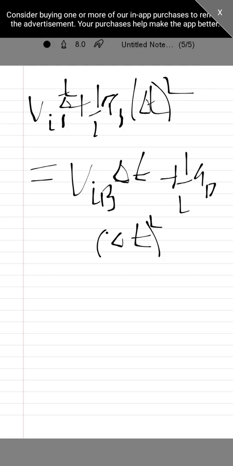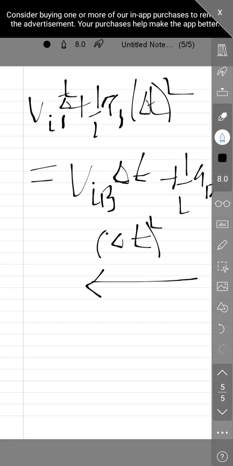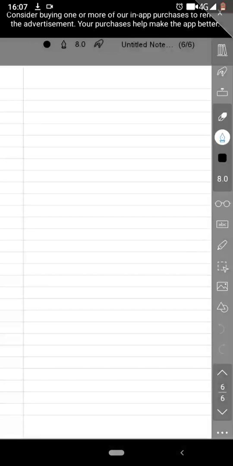So we need to take this side of the equation to that side, so we need to subtract. If we take all the terms to one side, we end up with something like this.